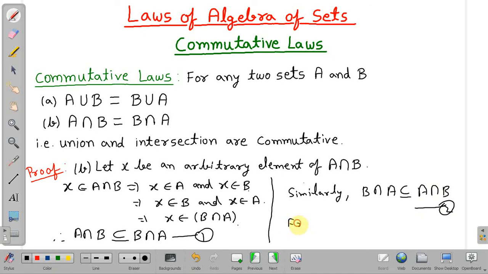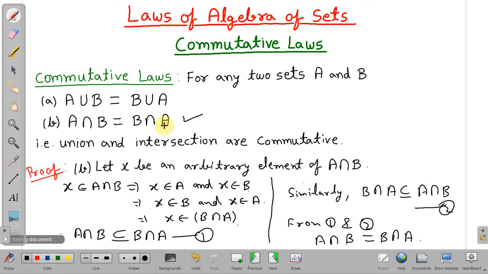So from 1 and 2, we can conclude that A intersection B will be equal to B intersection A. And this is what we had to prove, this law.